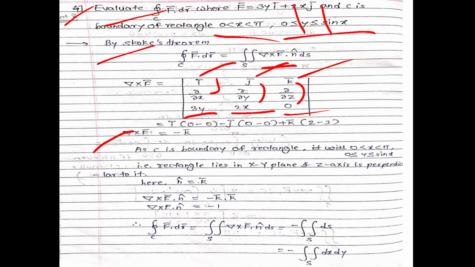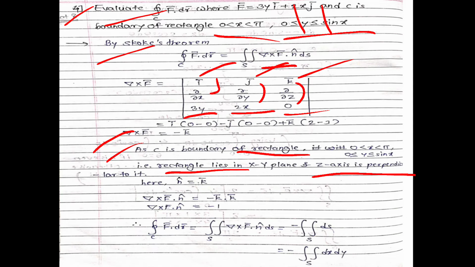Now after this, as usual, we will apply the boundary conditions. C is the boundary of a rectangle with conditions that x varies from 0 to pi and y varies from 0 to sin x. So the rectangle lies in the xy plane by these limits, and the z axis is perpendicular to it.